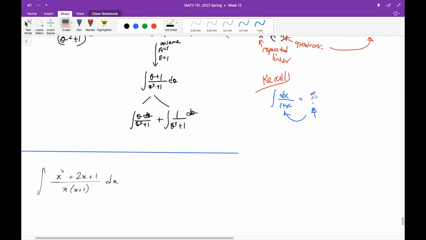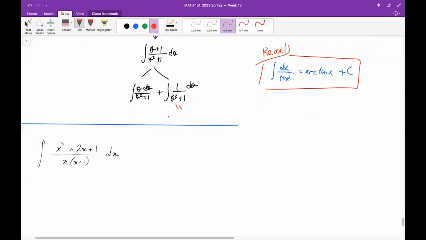You should remember it. So arctangent x, okay? This is an integration rule. You should know it by heart. Very important rule. Once you see it, you will use it. So the result of this integral is arctangent theta, of course.